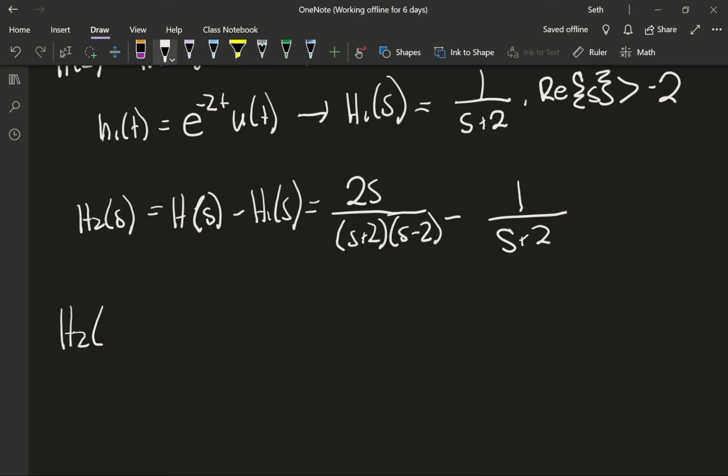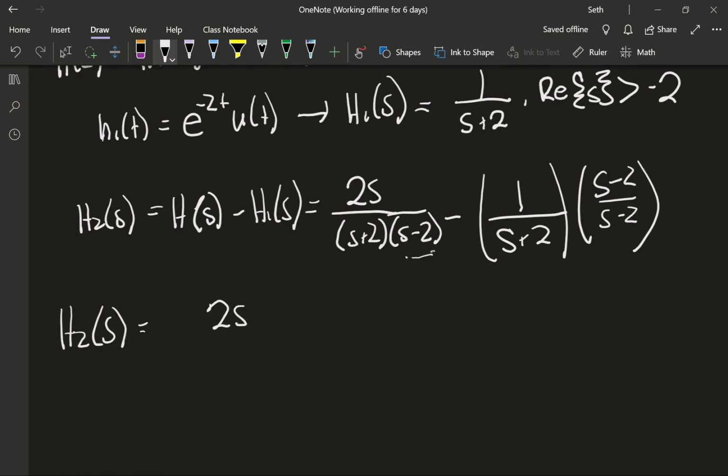For h2 of s, we'll multiply by a factor of s minus 2 over s minus 2 here, so that we get the common denominator, so we get 2s minus s minus 2 from here.